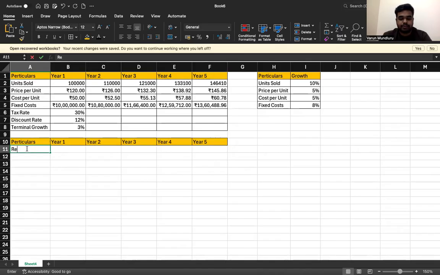First is revenue, cost of goods sold, gross profit, fixed costs, EBIT, essentially the operating profit that we will get, tax amount, and net profit.